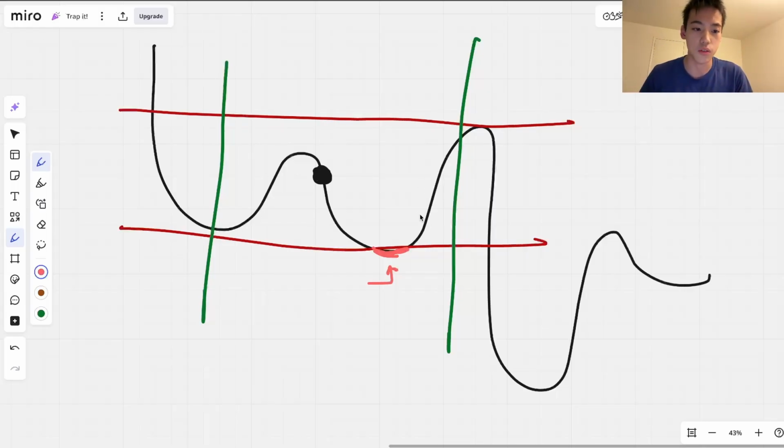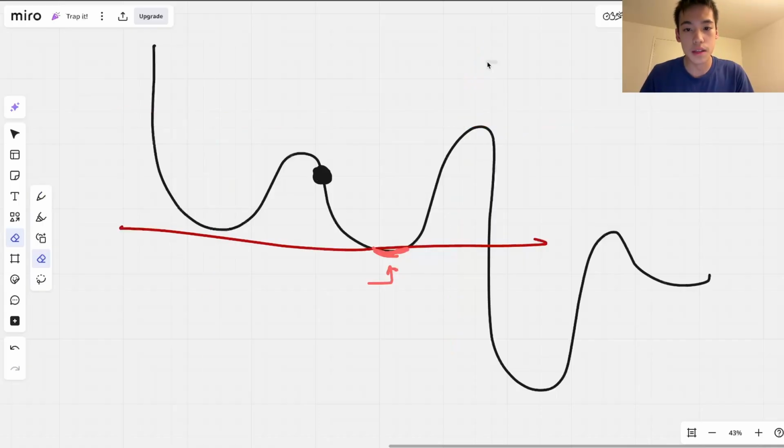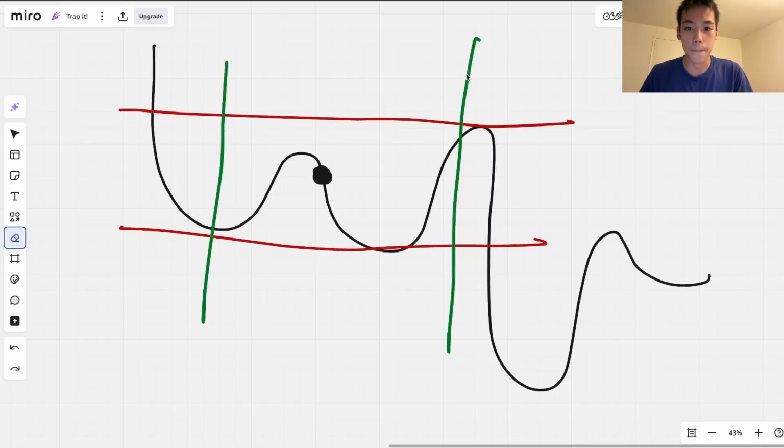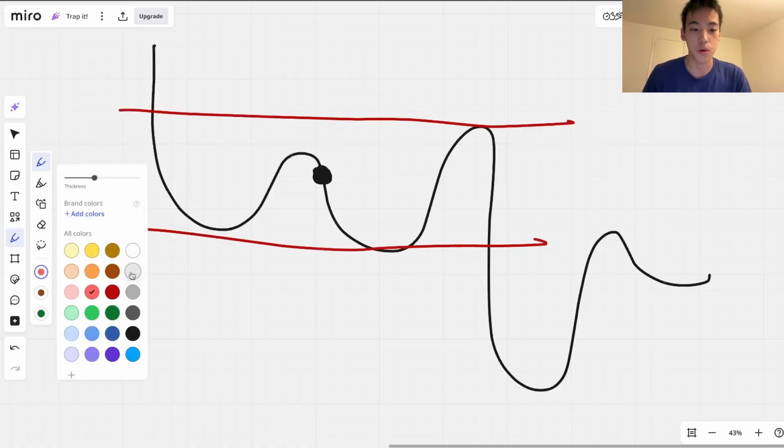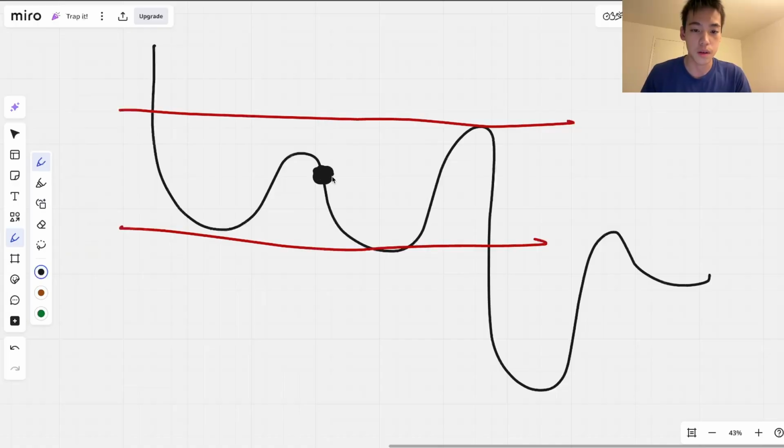So let's just make the interval smaller. And again, I'm drawing both the red and the green intervals so that they're equally spaced. They're basically centered about the black point, and we'll see how this black point has a significance over here.